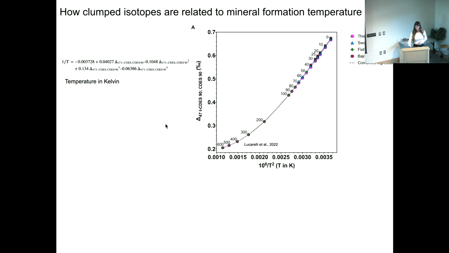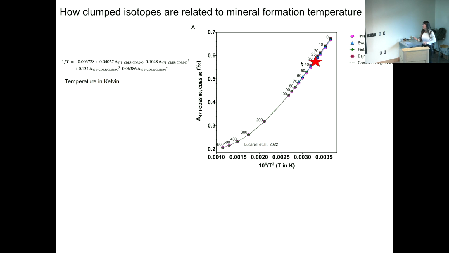So for example, if you measured your sample and you got a delta 47 value of about 0.6, you'd be like, okay, so I know that my sample was formed at 30 degrees Celsius, which is the temperature right here on the line. So that's what these numbers are, is temperatures in degrees Celsius.